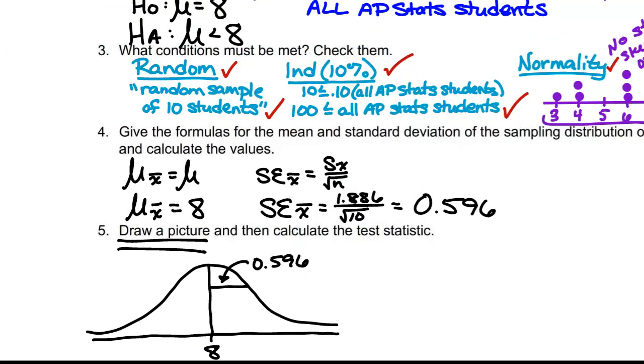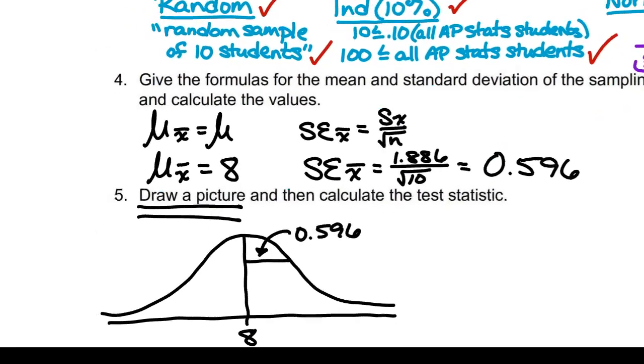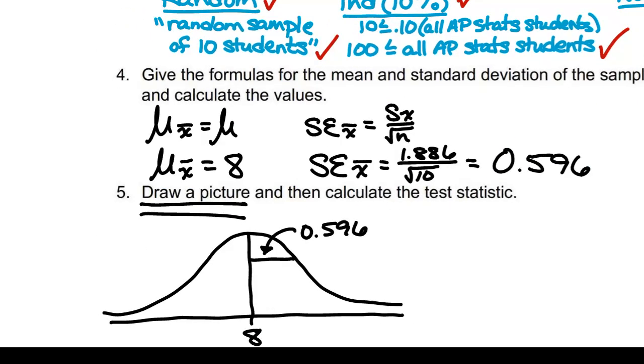What else needs to go on my picture? What else should go on the picture? Less than 8. Specifically, what number? 6. So over here, why 6?